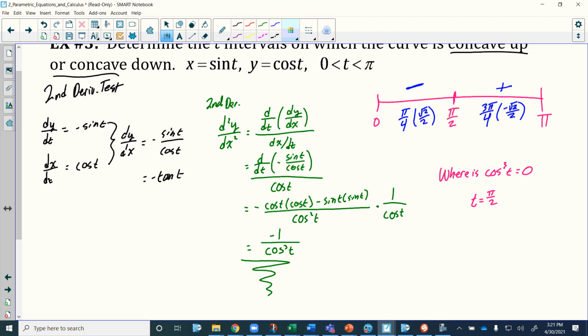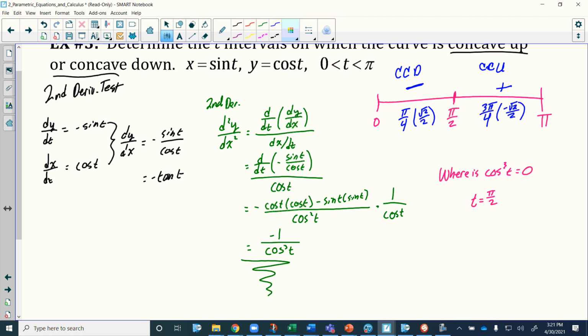Okay? So in this case, for the intervals where it's going to be concave up or concave down, here it's concave down, and here it's concave up, because that's what the signs indicate.